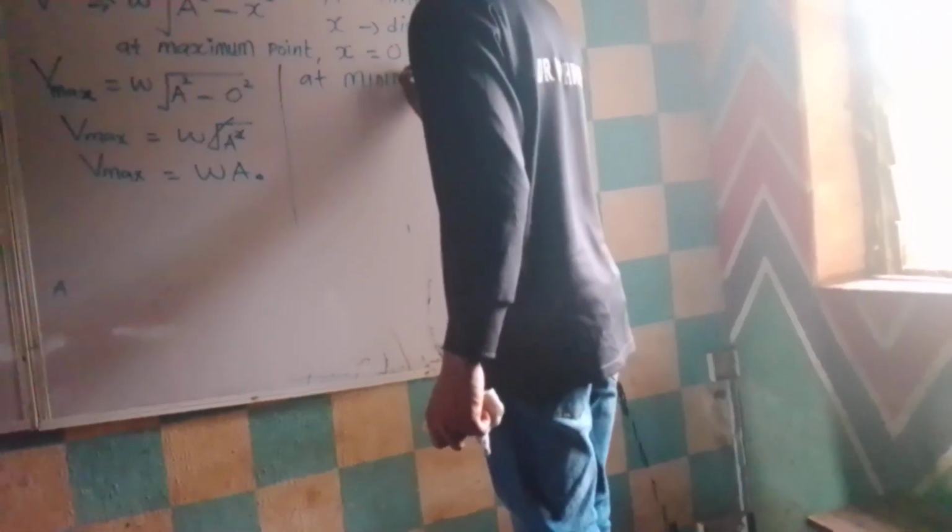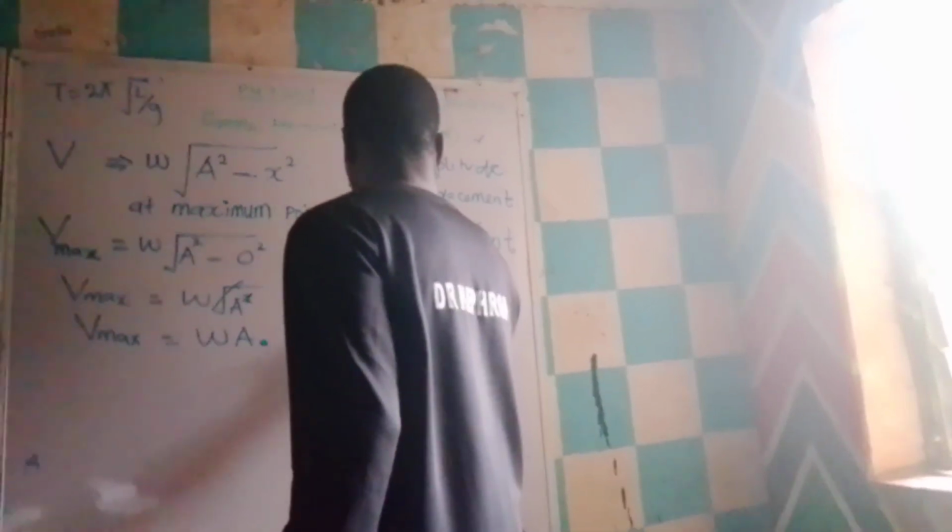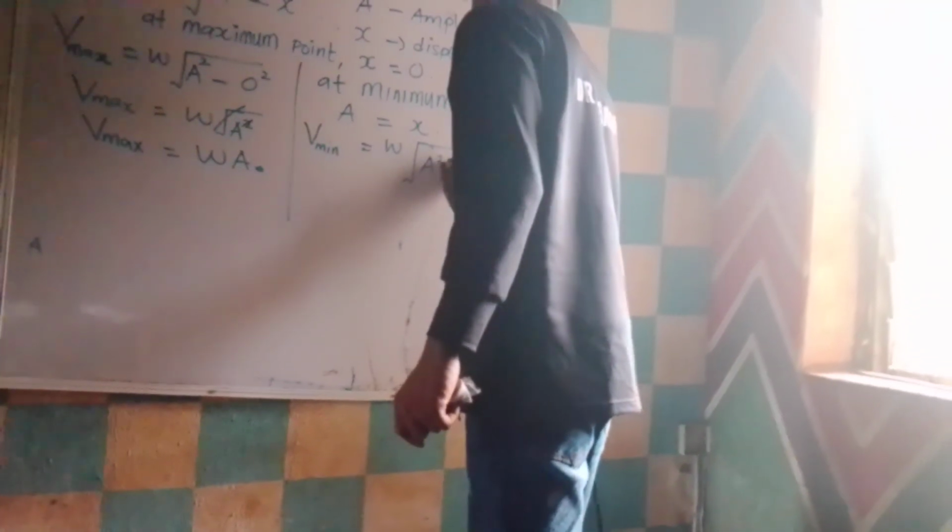But at minimum points, our A is equal to x. At minimum points, the amplitude will be the same as my displacement. From this formula, V minimum equals omega square root of A squared minus A squared, so I'm going to have V minimum equal to W multiplied by 0.